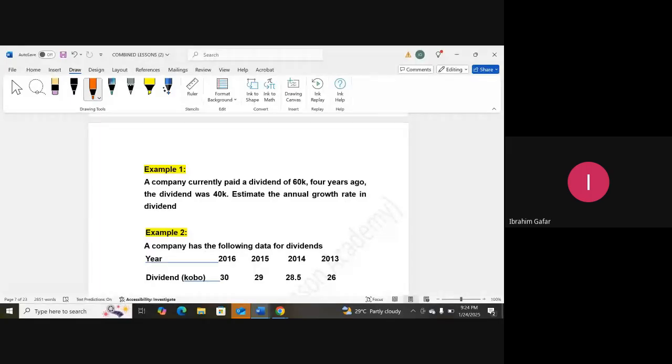So look at this question very well. When you want to calculate the growth rate, always write the formula so that we know what we are trying to do here. The formula is (latest dividend over earliest dividend) to the power of 1/n, minus 1.